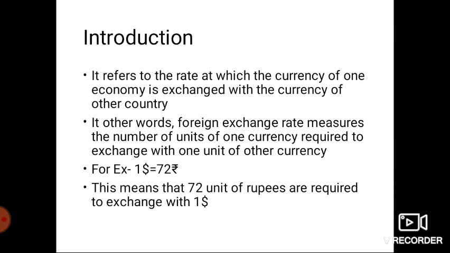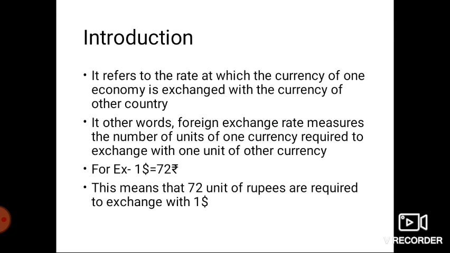Different countries purchase different things from each other, and in this international transaction, currency of one country moves to another country, which is known as FER, foreign exchange reserve. Now let us take a simple example.